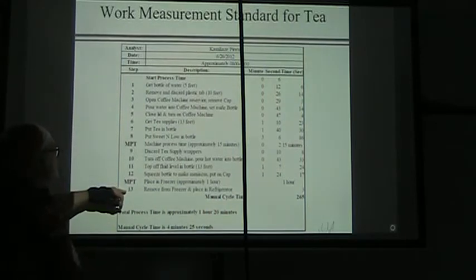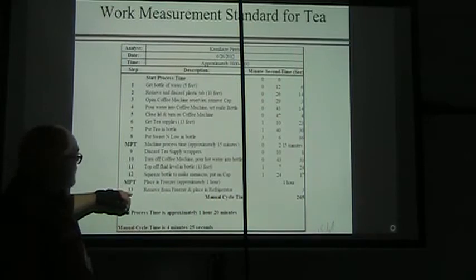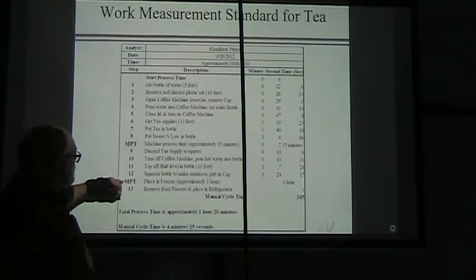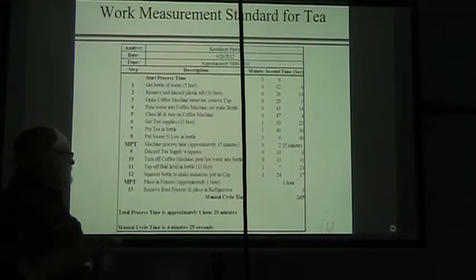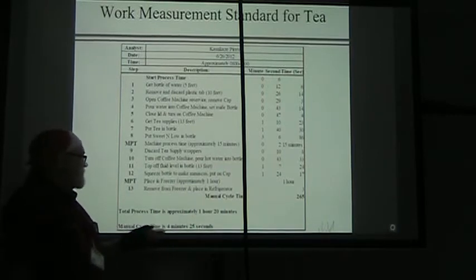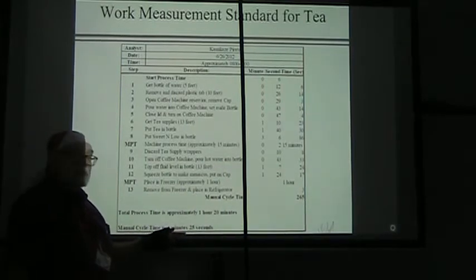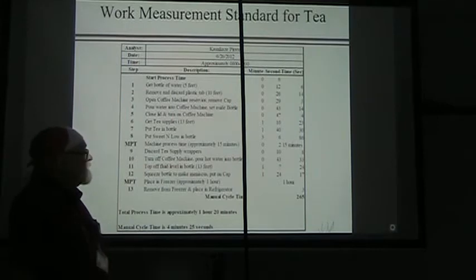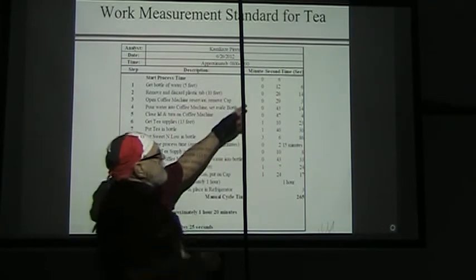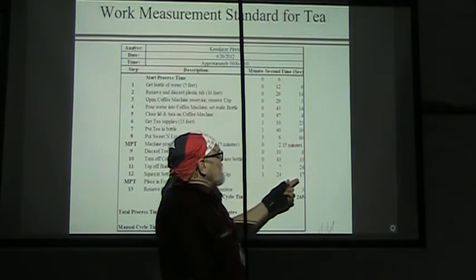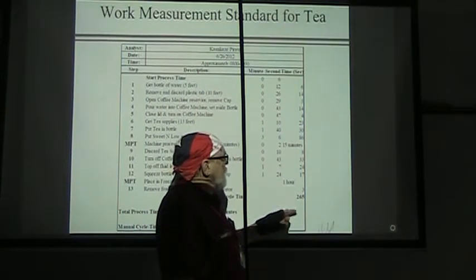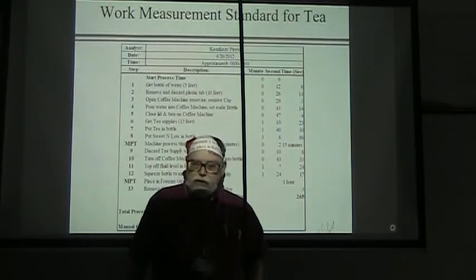So you can see that there are 13 steps of manual cycle time. There are 2 steps of machine process time, and I list the manual cycle time ends up being 4 minutes and 25 seconds, right? And here's where I've added all those up using Excel to get to that point.